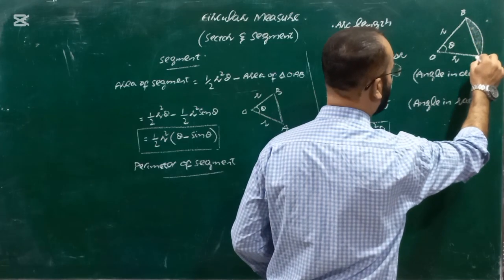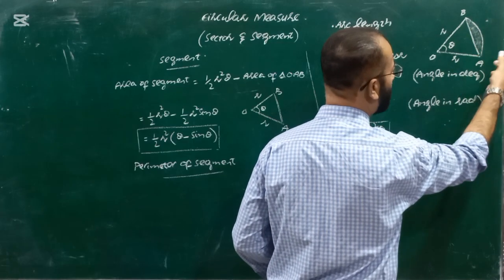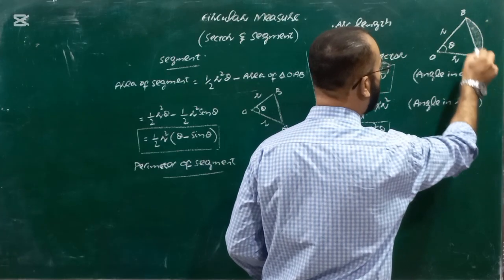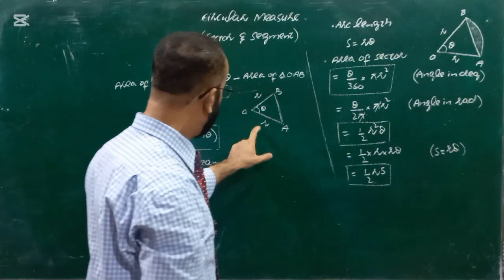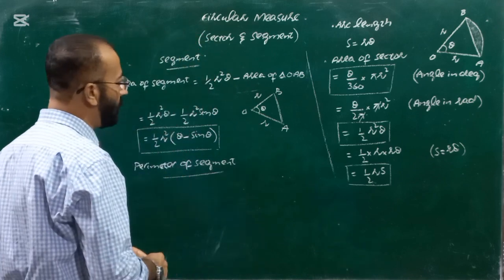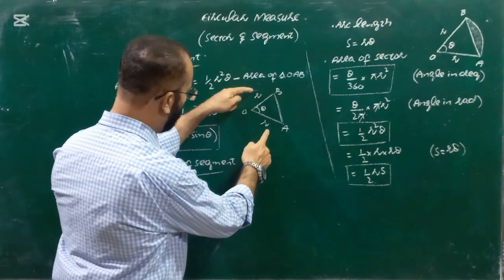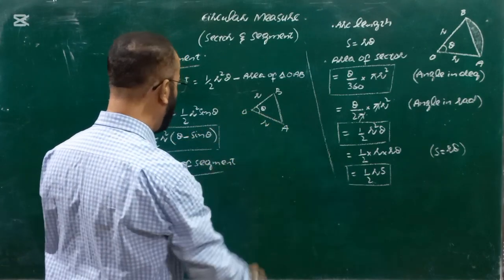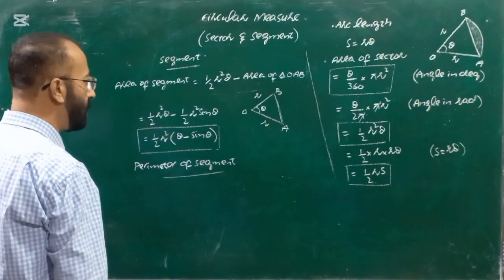So this arc length is r theta because s is equal to r theta. So this is the side which is missing, that is AB. So this is the triangle. Two sides are given and their central angle is given, third side is missing. So here cosine rule will be applied.